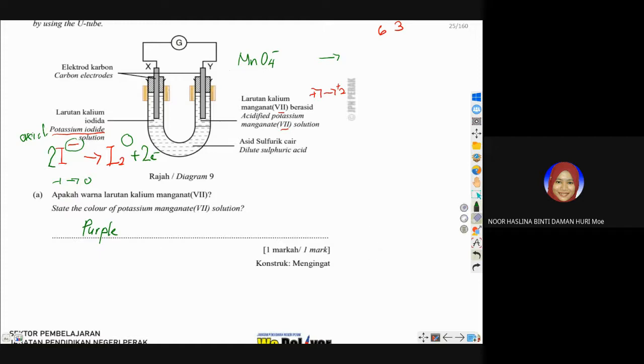Sekarang kalau dia kata, what is the color after the reaction of the potassium manganate, baru awak cakap purple to colorless, because after the reaction, there is no purple color lagi. Because it becomes Mn2 positive. Manganate 2 is colorless solution. Manganate 7 is the purple color.